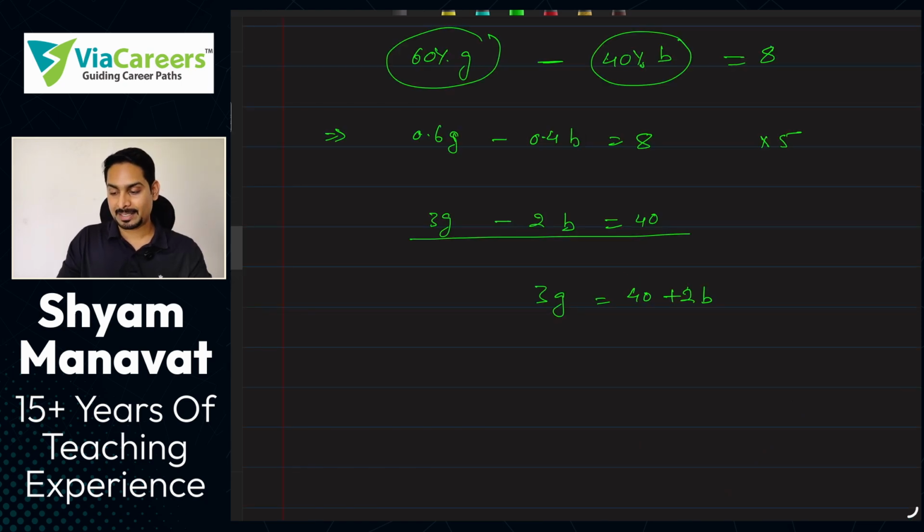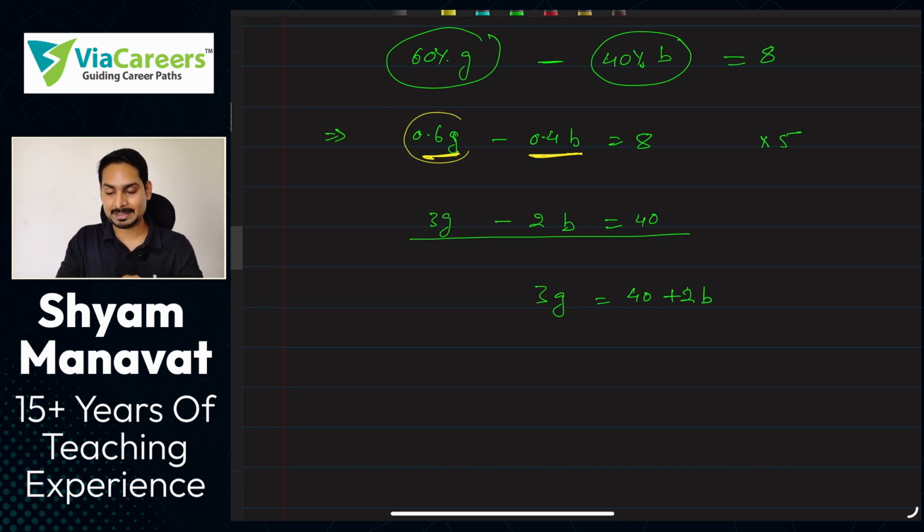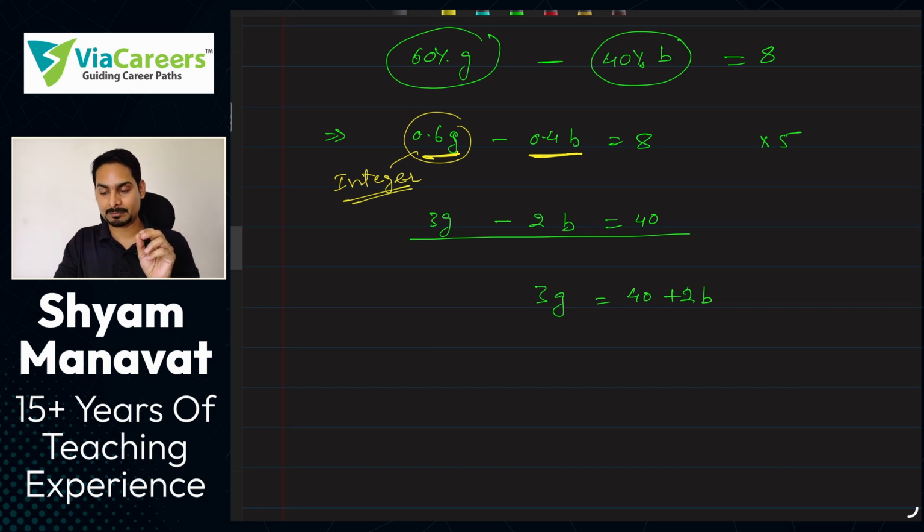Now, along with that, this question is tricky because here not only integer, you also have to keep in mind that whatever integer values of g and b you get, if you make it 0.6 of g, that should give you an integer value. That should also give you an integer value. So it's not only about finding the value of g as an integer and b as an integer.